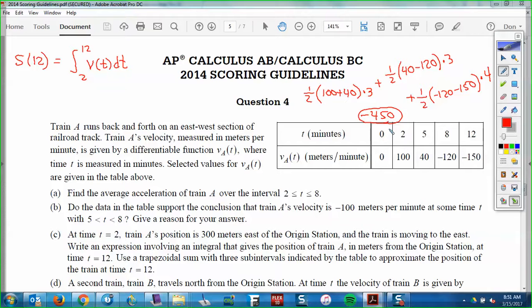Are you supposed to know velocity? That's the table. The table's velocity. You got some?